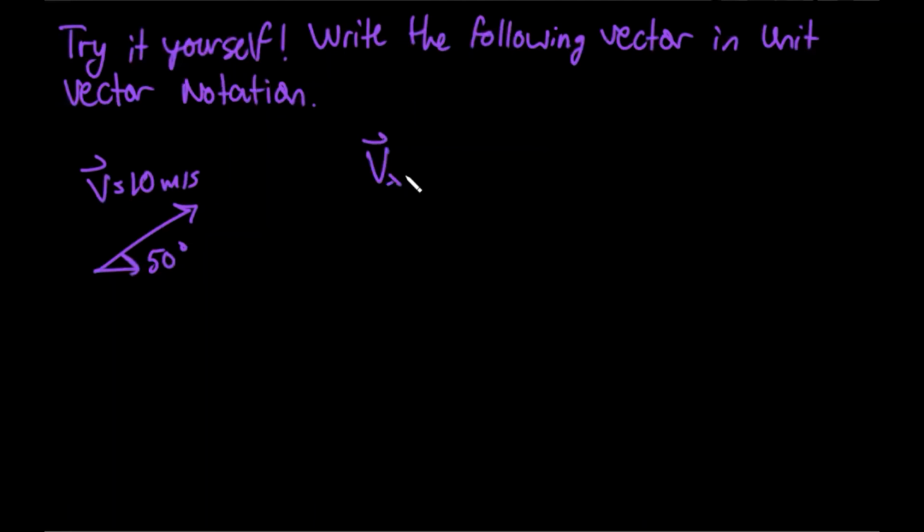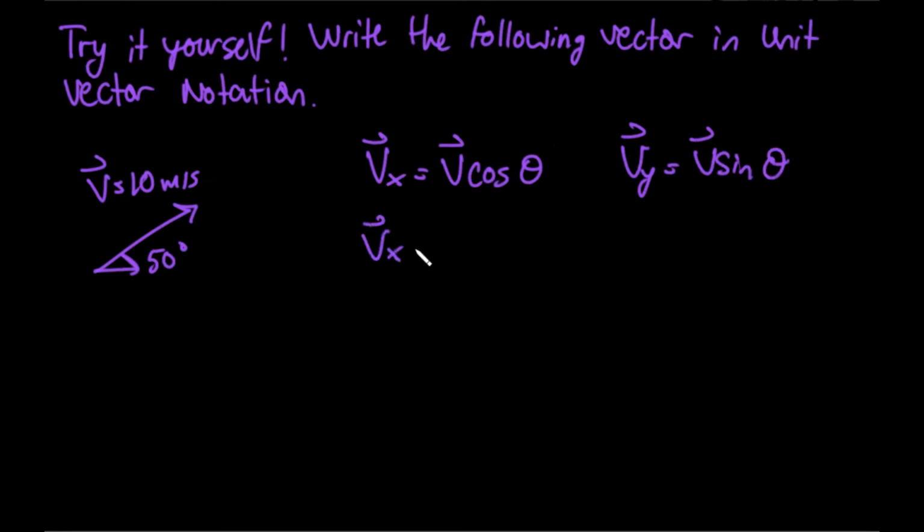So we first need to break it up into our components. So we write out our formulas. And then we go one at a time. So let's calculate our Vx first. So 10 times the cosine of 50. This will give us positive 6.4 meters per second.